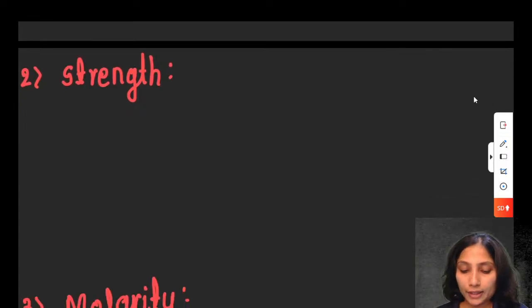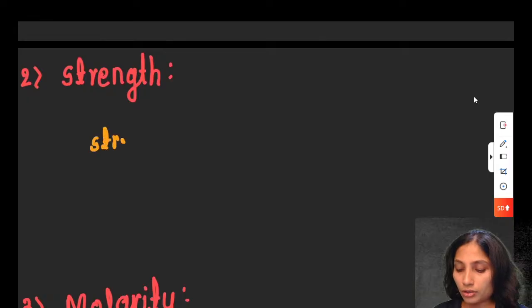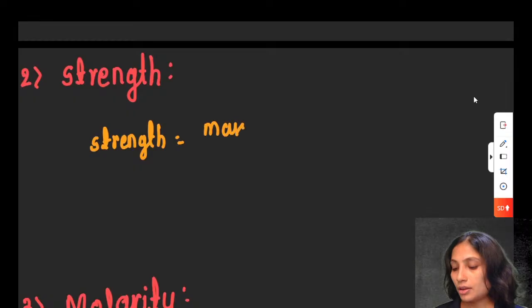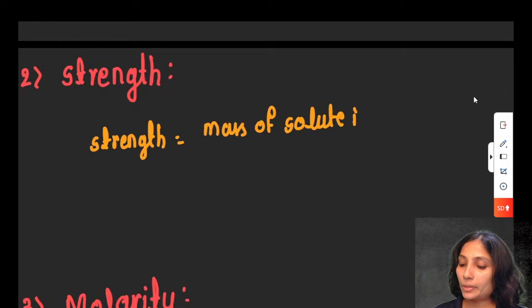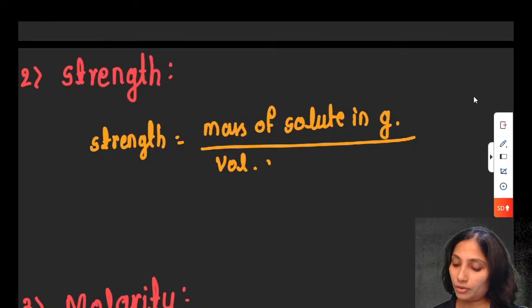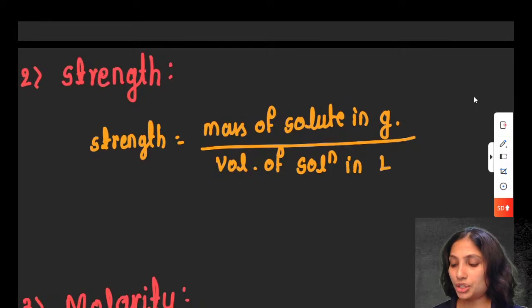Strength is equal to mass of solute in grams present in 1 liter of solution, that is, volume of solution in liter, or in dm cube also you can take, both are same.